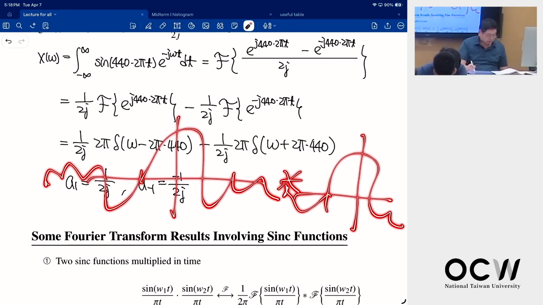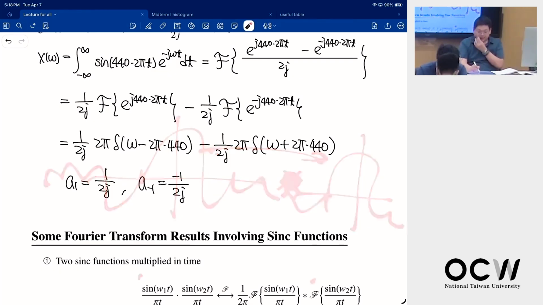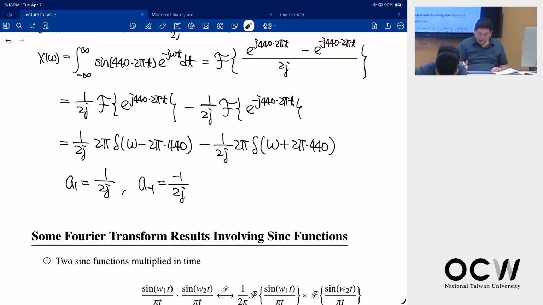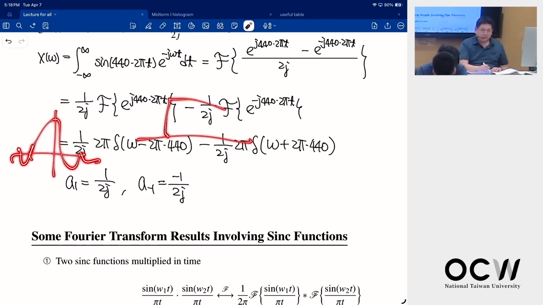But what happens in frequency domain? If you multiply them together, it's really complicated here, right? If you want to multiply these 2 sinc functions. But we know that for the sinc function, the Fourier transform actually is a rectangular pulse. But rectangular pulses during the convolution, that will be easier, right?